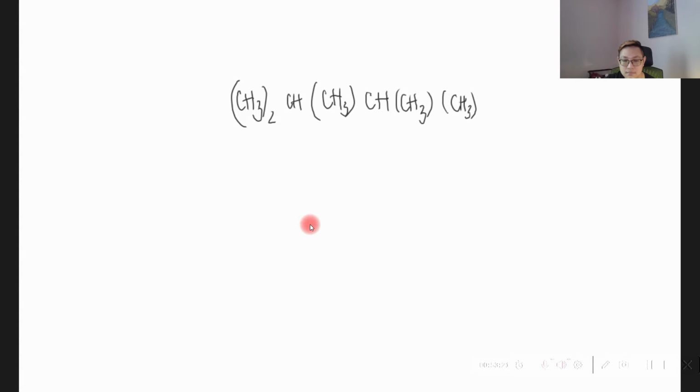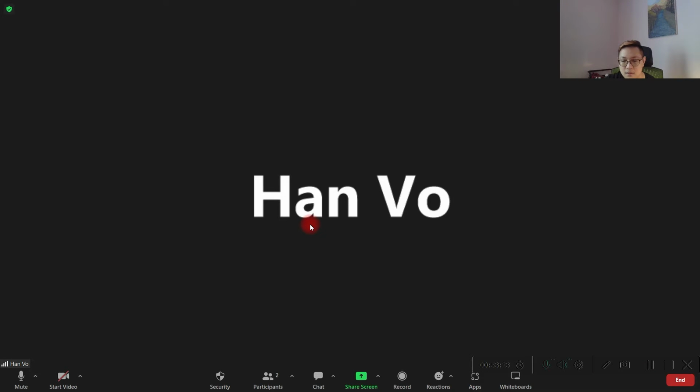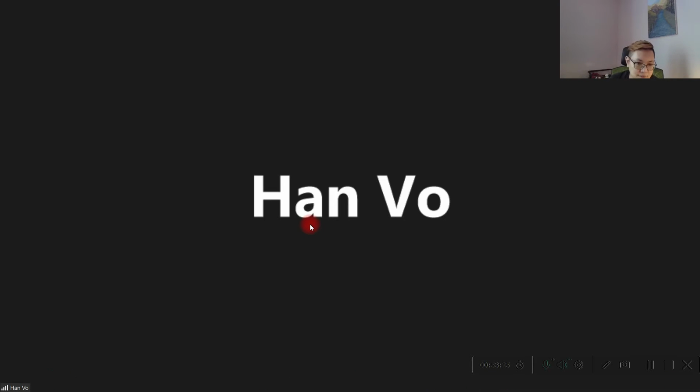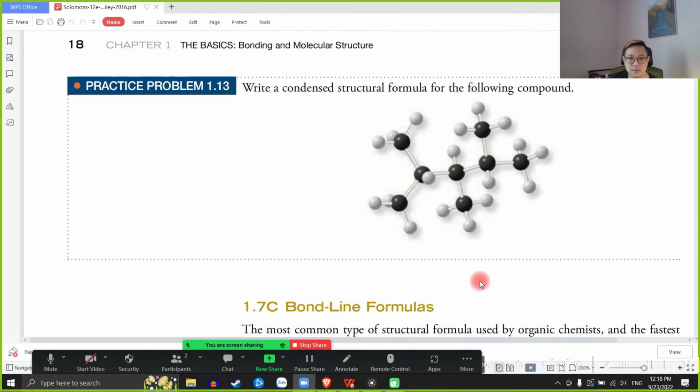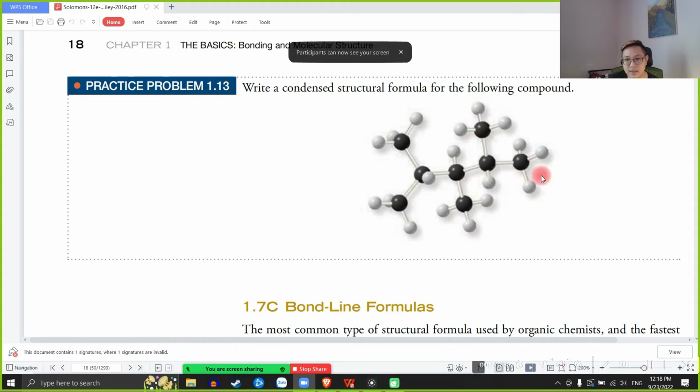Let us share my screen to explain it to you. The CH3 on the right, you can say CH3 2 times. On the right you can see CH3 here, CH3 there, so you can write open the bracket, CH3, close the bracket, 2 times.